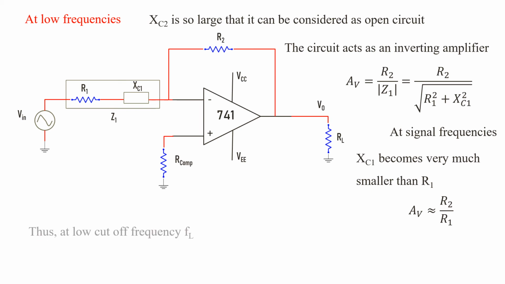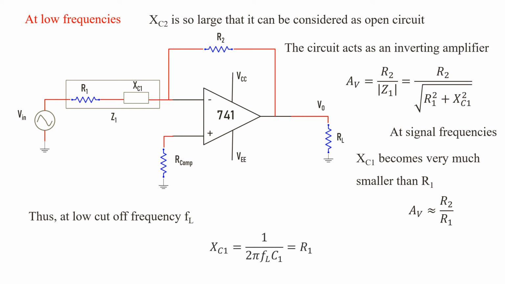Thus at the low cutoff frequency FL, Xc1 is almost equal to R1. This is how we get the lower cutoff frequency FL.